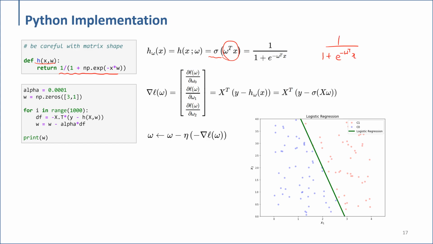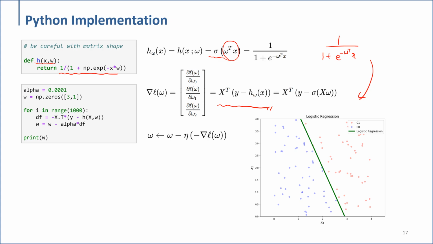And as we discussed earlier, we can calculate the gradient of this loss function, which is nothing but x transpose times y minus h omega x. So let's calculate it.